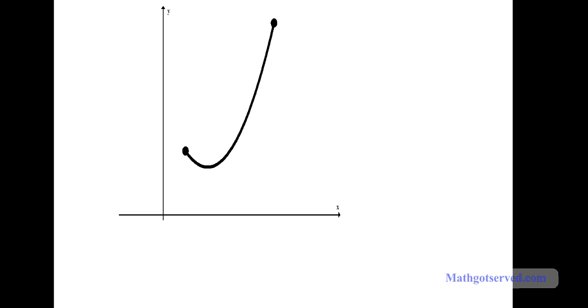Let's take a look at this graph right here. We can see that this graph satisfies the initial conditions of the mean value theorem. How do we know? The graph is differentiable on the interval and the graph is continuous.